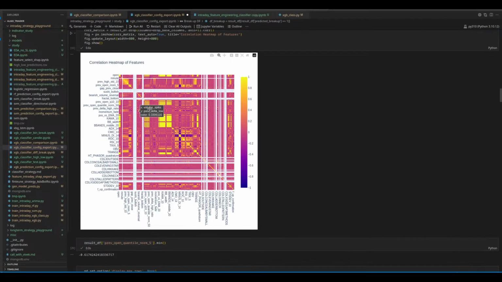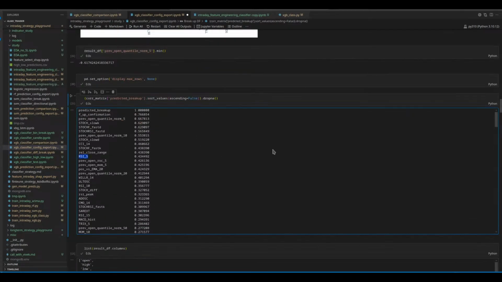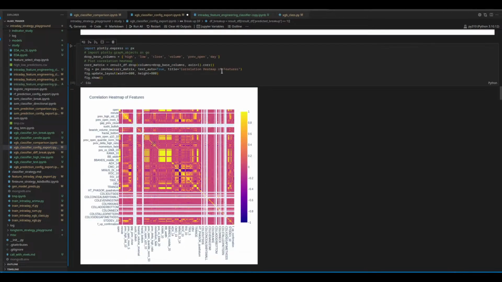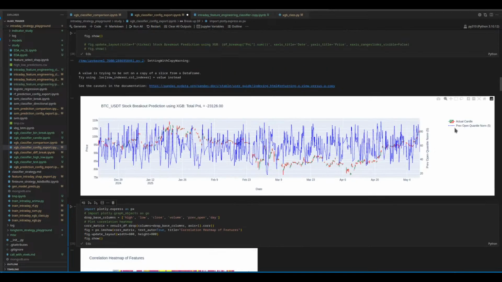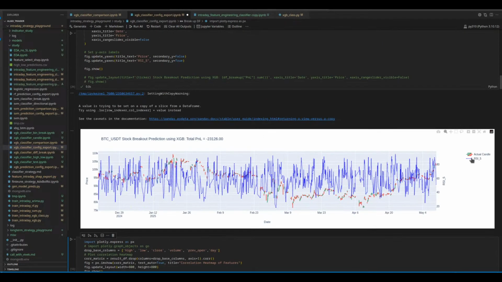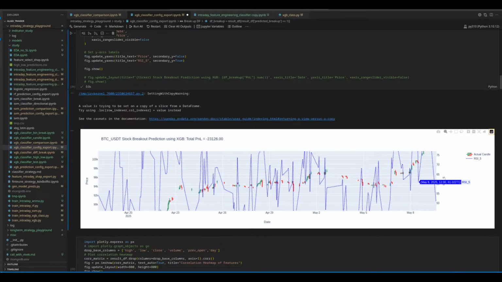What else do we have? RSI. Let's check the good old RSI. Okay, so does RSI correlate to this?